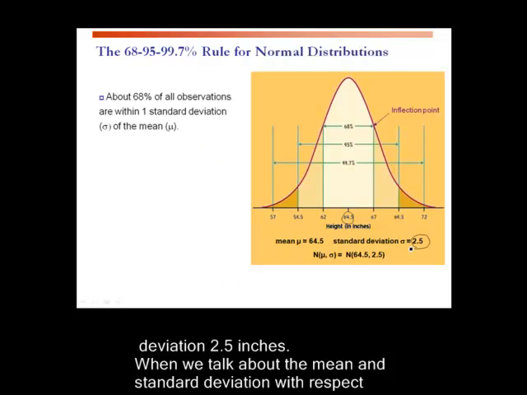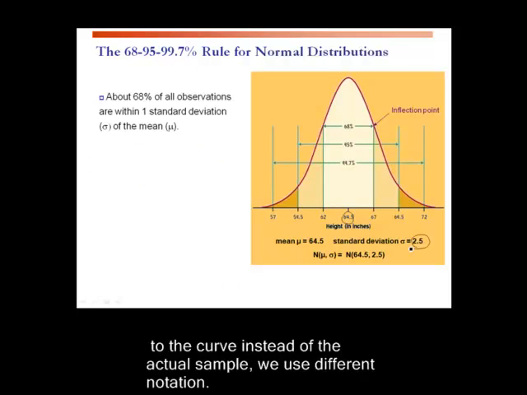So let's assume in this case the average height of people in my sample is 64.5. If I consider everybody who's one standard deviation above or below that average, one standard deviation above would be 64.5 plus 2.5, or 67 inches.